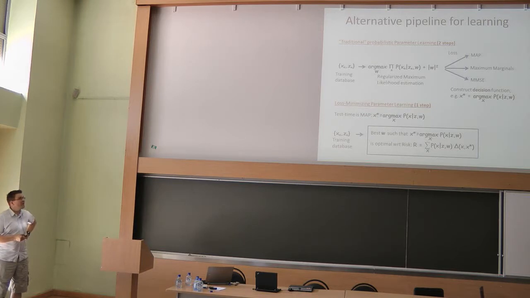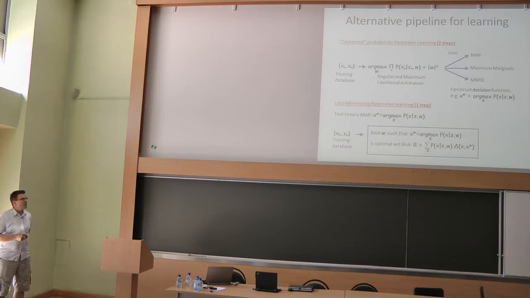Now we've got the training data with the ground truth labeling and the images. We just run this one optimization where we say, give me the best parameters W so that they minimize the risk using MAP estimation. You could also regularize the W's, put some regularization on, which minimizes the risk.